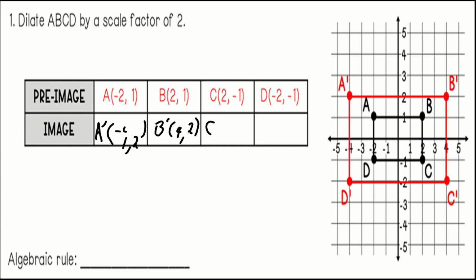So for C prime, I got 2 times 2, that's a +4, and -1 times 2, that's a -2. So that's 4, -2 there. And then for D prime, we get -4, -2. That's not bad at all, is it?